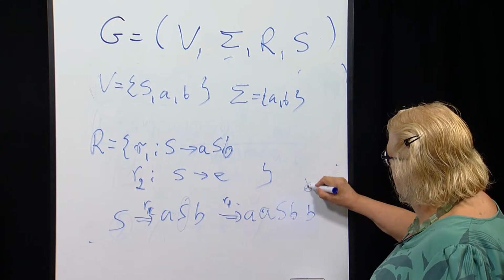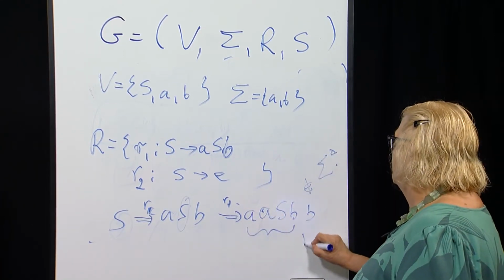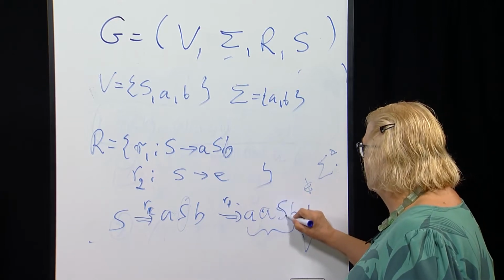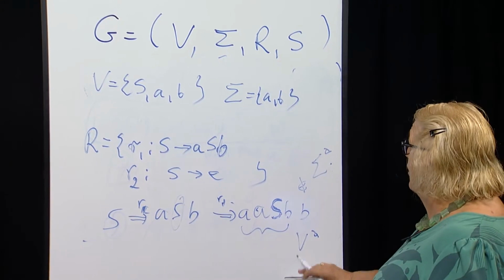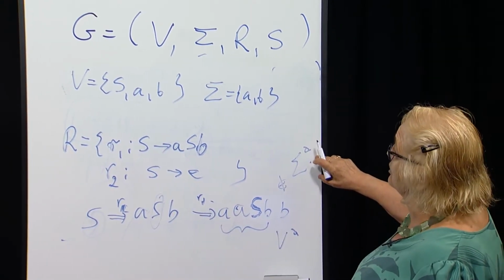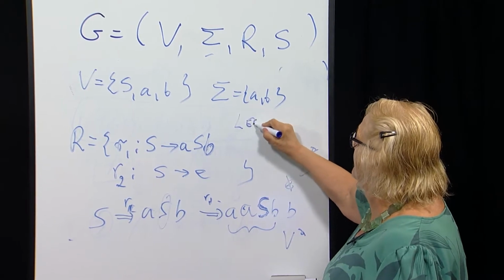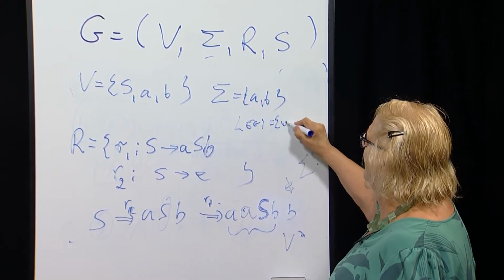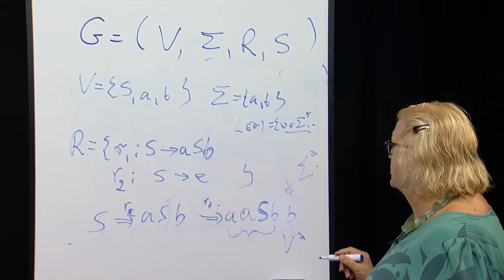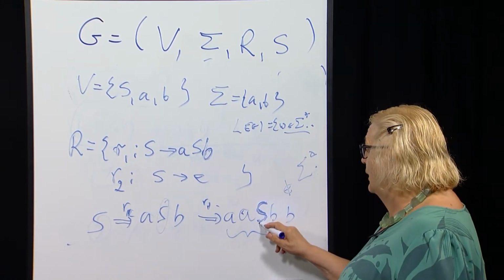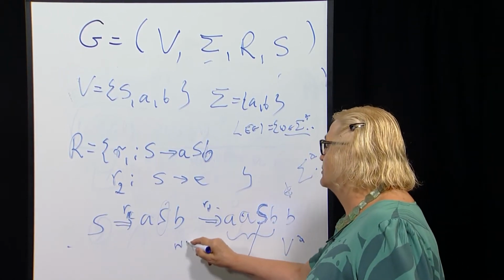Look, this is not in sigma star. This is a nice word in V star because it has this S inside. The language of a grammar is the set of W in sigma star which you can derive, so you need to get rid of this. I call it the way out.